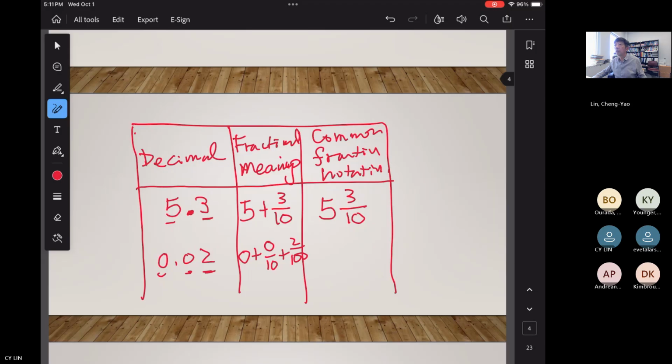Right. Just a second, okay? How come people cannot log in?